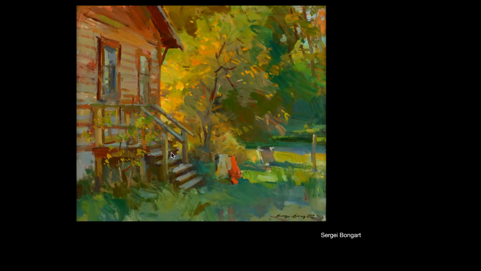But right now I want to show you something really quickly before we begin our demo. This is a painting by Sergei Bongart. And a lot of students say, well, I don't really want to learn perspective because I want to paint loose. But I want to show you something. Sergei Bongart is a very loose painter.